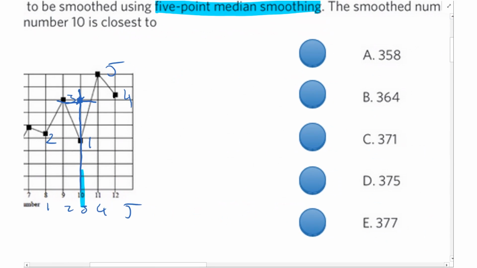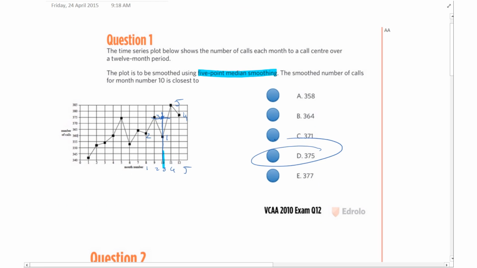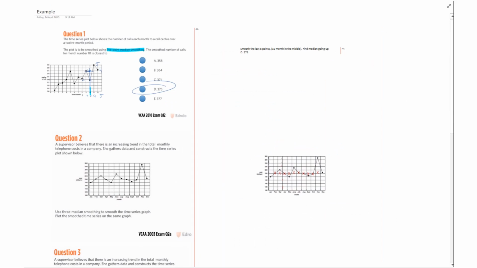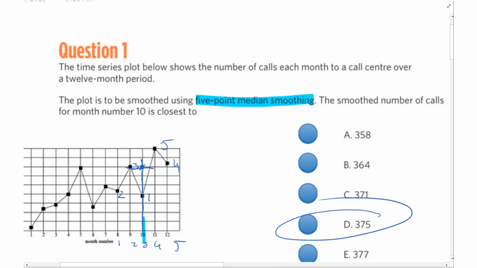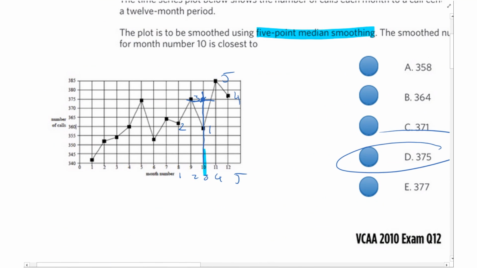So my answer would be 375, and our answer for that one is 375. So I only have to put the 10. The 10 is the middle. So that's an exam style question, especially in the multiple choice, where they're asking you to be able to show that.